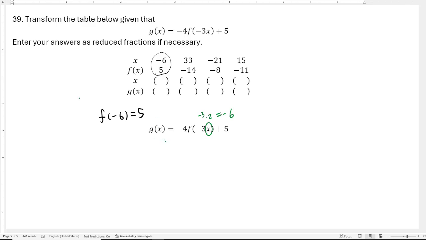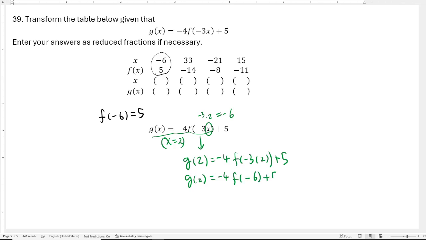So if we take this equation and let x equal 2, then this thing just becomes g of 2 equals -4 f of -3 times 2 plus 5, and g of 2 is equal to -4 times f of -6 plus 5, and f of -6, we have it as 5, right?